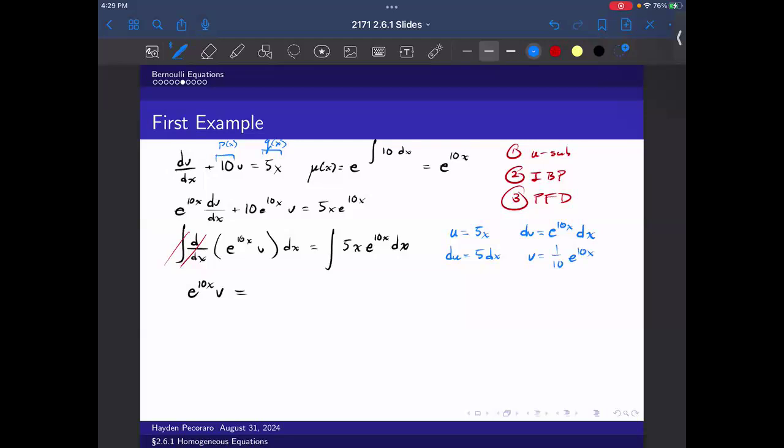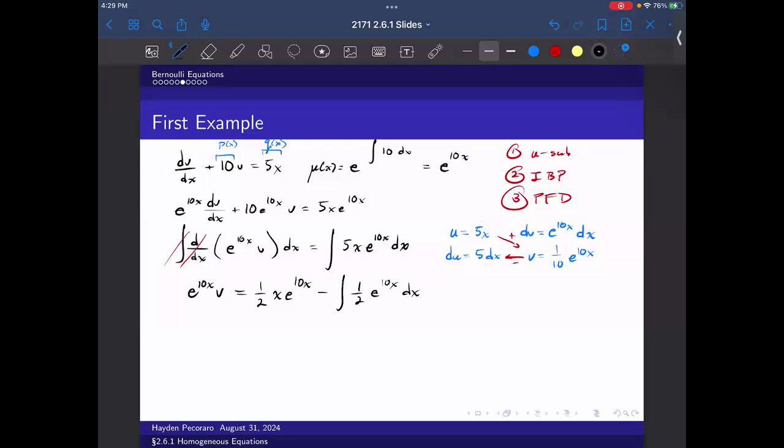Our integration by parts formula says do this positive, this negative. And so we have 5/10, so 1/2 x e to the 10x for that first term, minus the integral of v du, so also 1/2 e to the 10x dx.